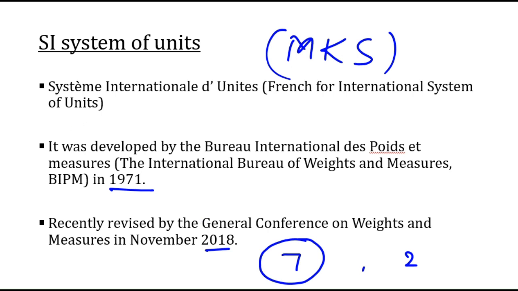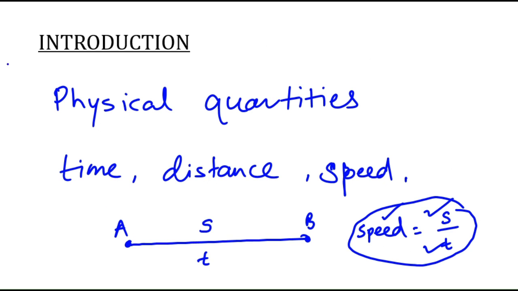For example, if we go back to this example here, look, we have this distance, which is a kind of length, and this is time. So distance and time, these two are base quantities. And with the help of these two quantities, we have derived a new quantity.